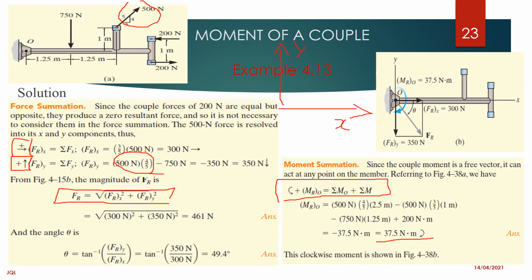We agreed that counterclockwise is positive. Clockwise, negative. So in this case, this is supposed to be negative, as we agreed.